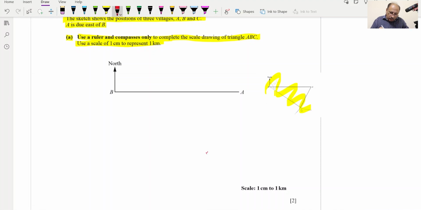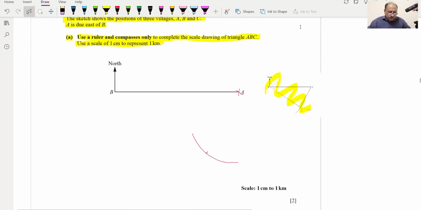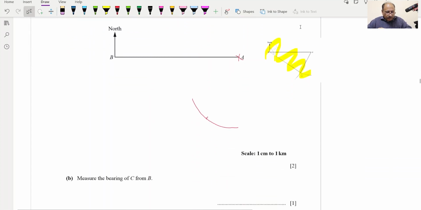So over here we'll have to put the compass over A and make an arc of 5 centimeters like this one, and then we'll have to take the other side, which is 8 centimeters. 8 kilometers will be equal to 8 centimeters, and we'll have to mark 8 centimeters and take an arc of 8 centimeters. That will be like this one.